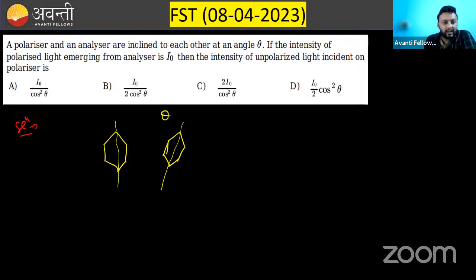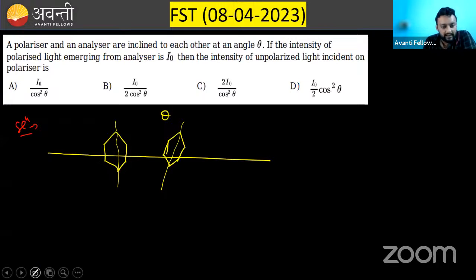If the intensity of light, let's suppose light is coming from this way, this is the light, and they are saying the intensity of light emerging out from analyzer is I naught. That means light coming out here is I naught. Then the intensity of unpolarized light incident on polarizer is to be asked.